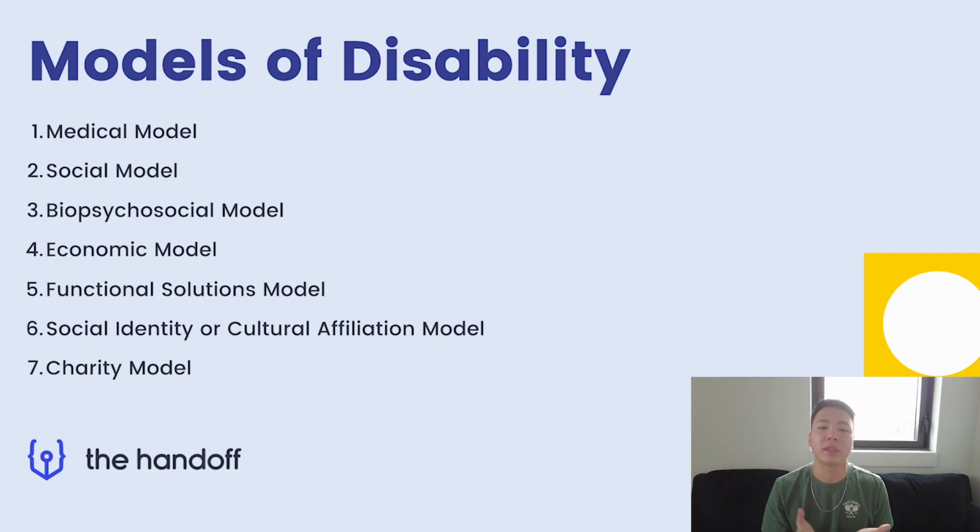So that means you can view disability through the lens of multiple models, and each one has its own strengths and weaknesses. Depending on who you're talking to, it's important to be aware of these models of disability because the person who's talking to you or explaining disability might be viewing it through one lens and forgetting about some of these other ones. So being able to have a holistic picture of all these models is really important.